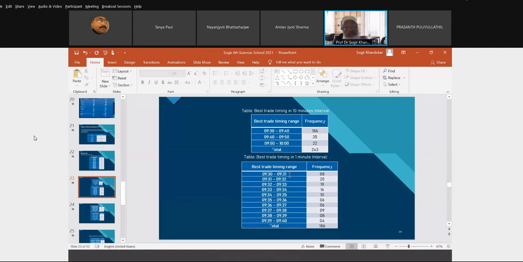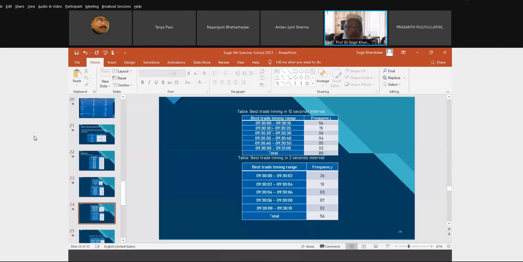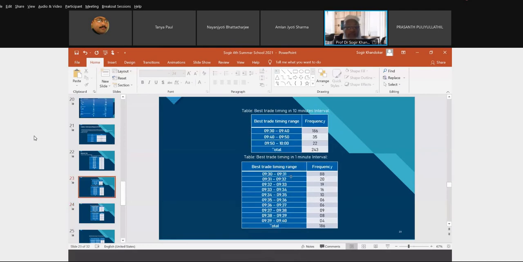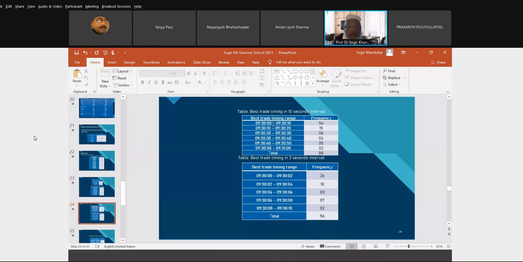One can divide this 9:30 to 9:31 into nanoseconds or any other fraction of a second, because the US trade market provides you the fractions of seconds. So we try to divide this into 10-second intervals, that is 9:30:00 to 9:30:10, 9:30:10 to 9:30:20.